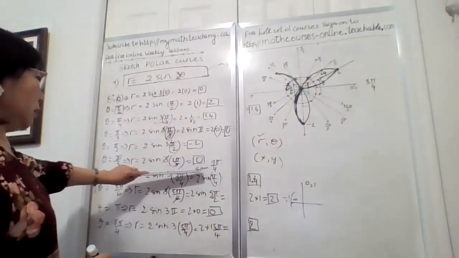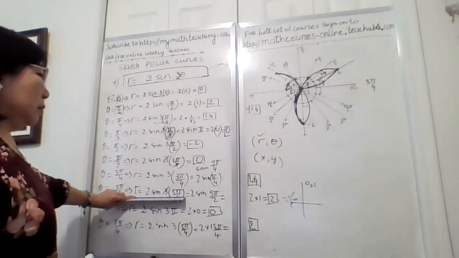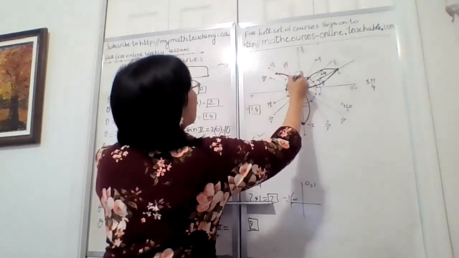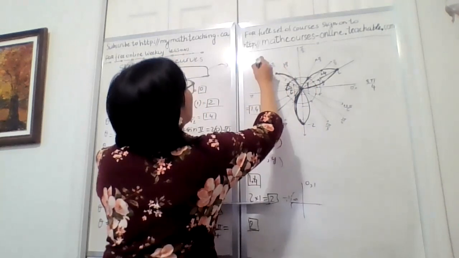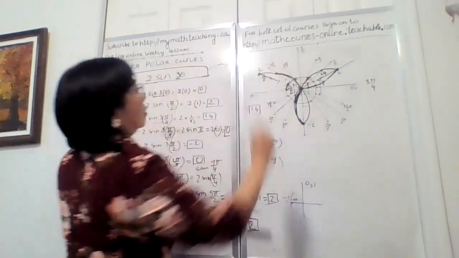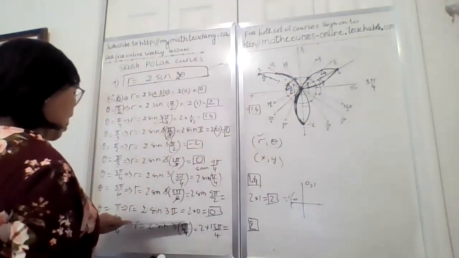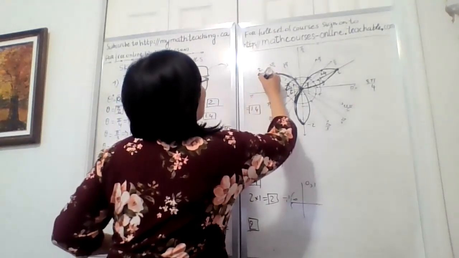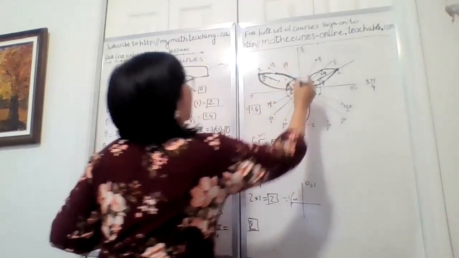Now, when it goes to 5 pi over 6, the answer is 2. So this is 1 and this is 2, so it goes up to here, 5 pi over 6. And when we go to pi, it goes back to 0. So this is what the curve looks like.